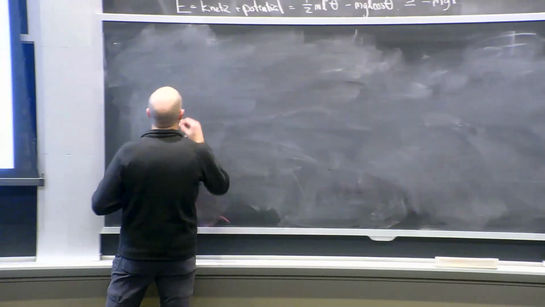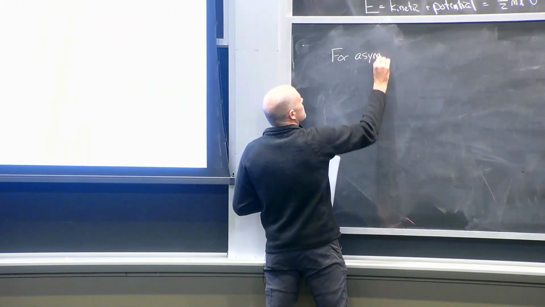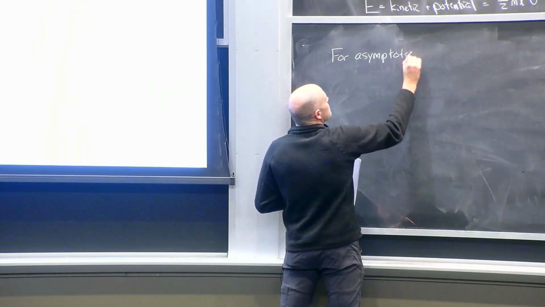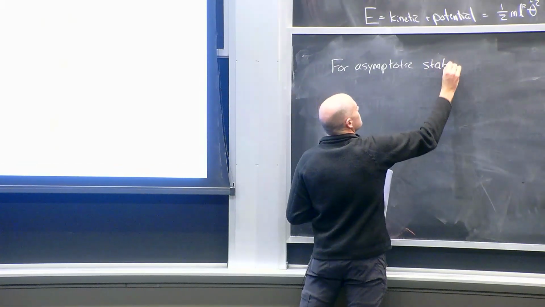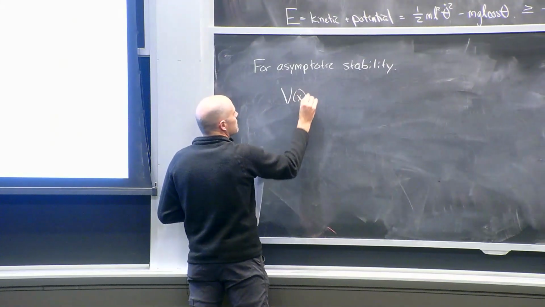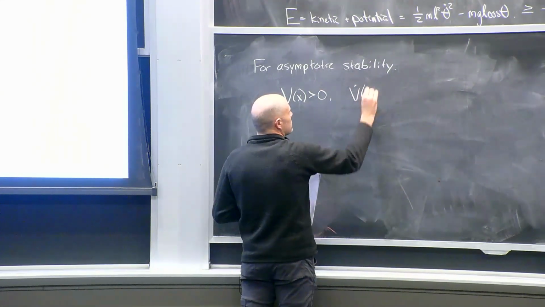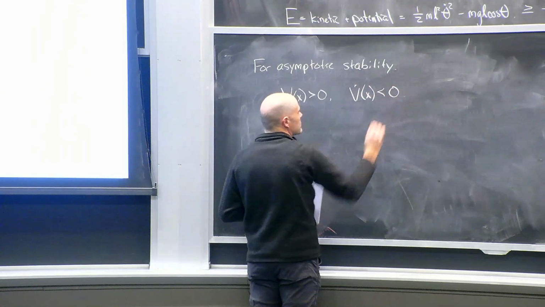Right? I want to find a v of x greater than 0 and v dot of x less than 0.